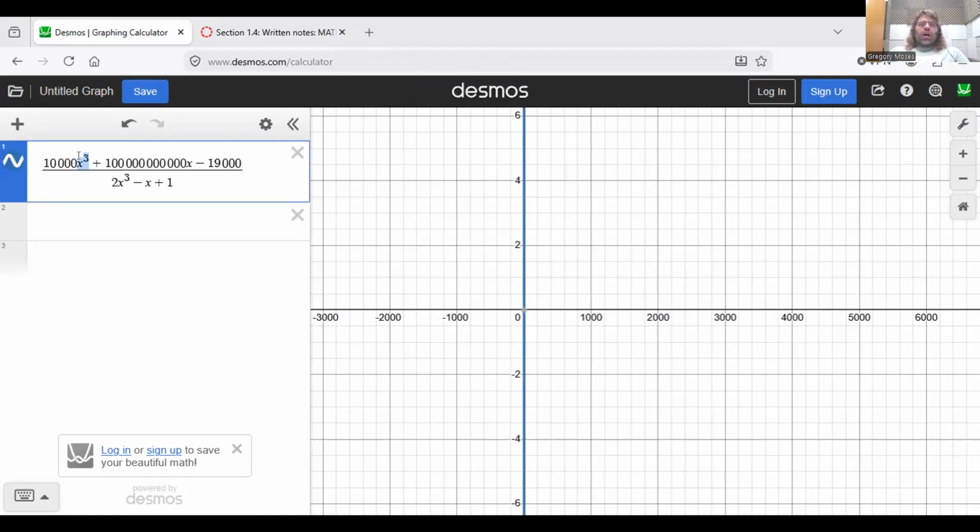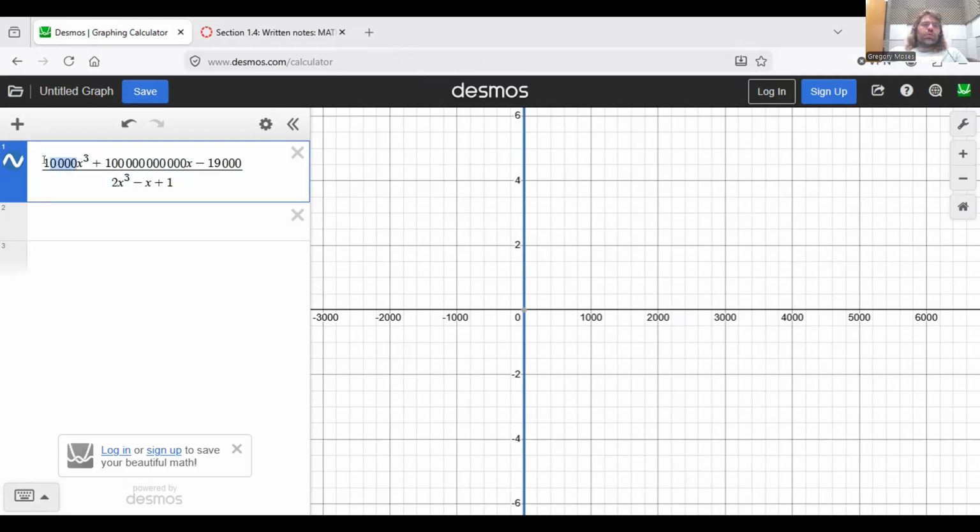The leading coefficient is the number in front of the power that gives us the degree. So the degree of the top is 3. It comes from this x cubed power. And the number in front of the x cubed is 10,000. The degree of the bottom is 3. It comes from an x cubed term. And the number in front of the x cubed term is 2.